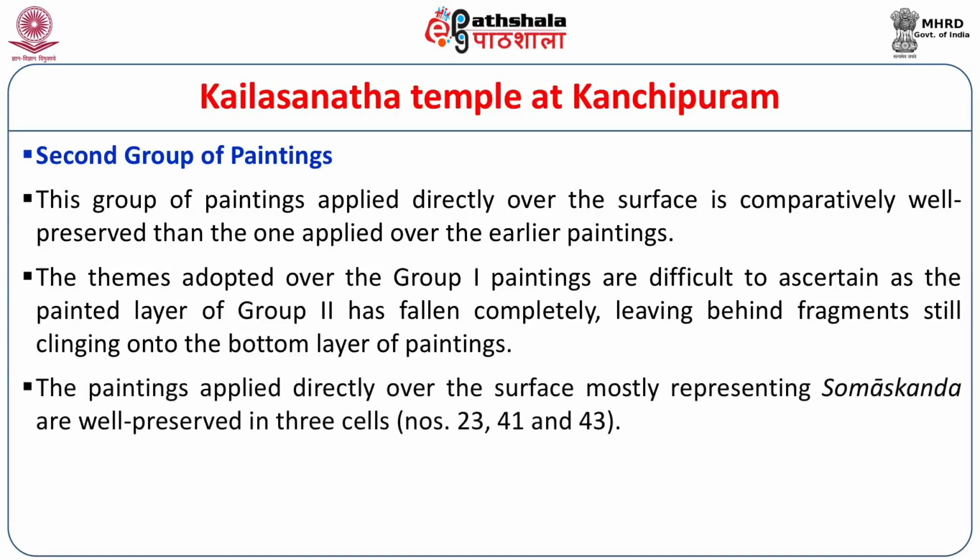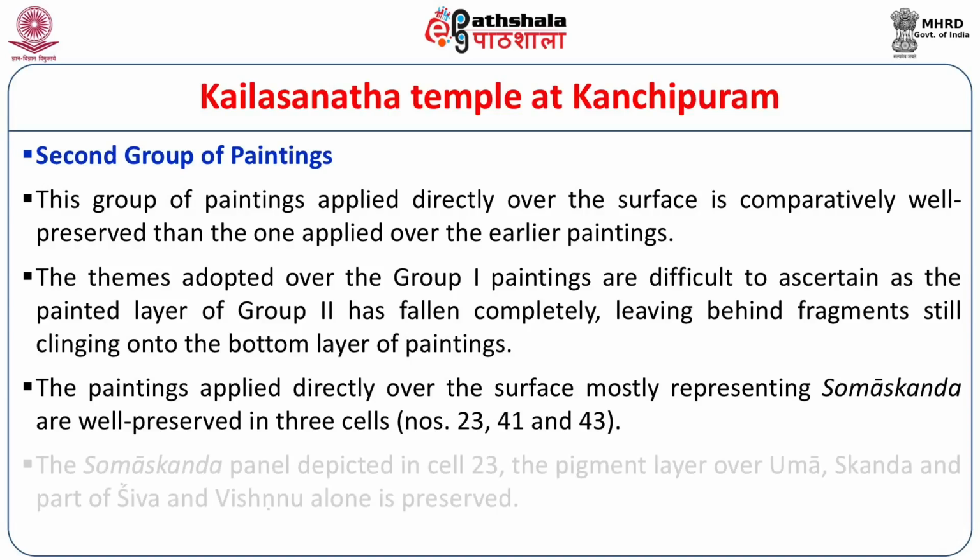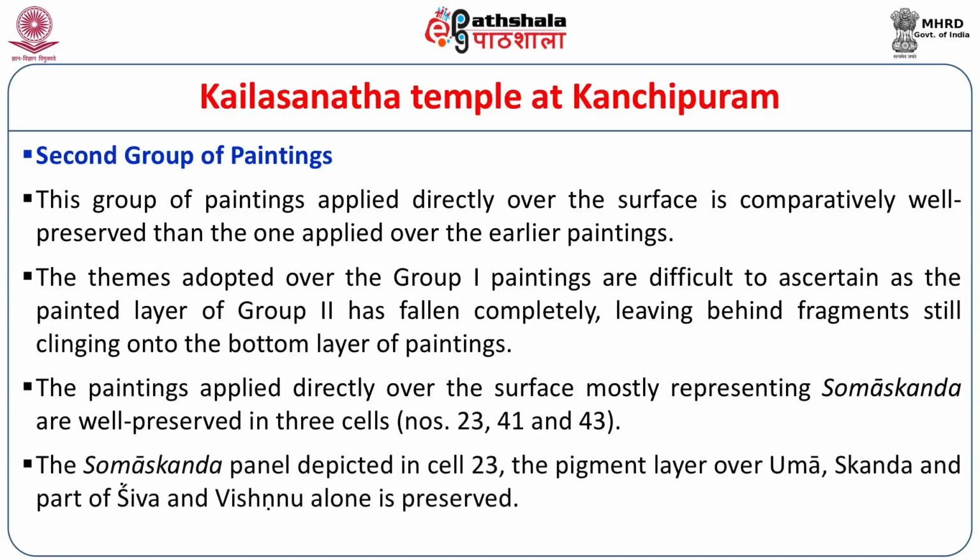The paintings applied directly over the surface mostly represent Somaskanda, as we can see in Pallava art. These are well preserved in the three cells, numbers 23, 41 and 43. In the Somaskanda panel depicted in cell number 23, the pigment layer over Uma, Skanda and part of Shiva and Vishnu alone are well preserved.